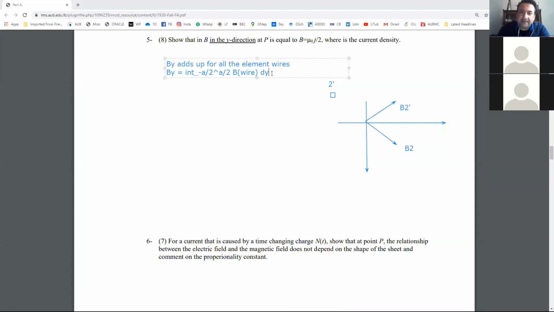Now, what was my B for one wire? So By is equal to the integral from minus a over 2 to plus a over 2.